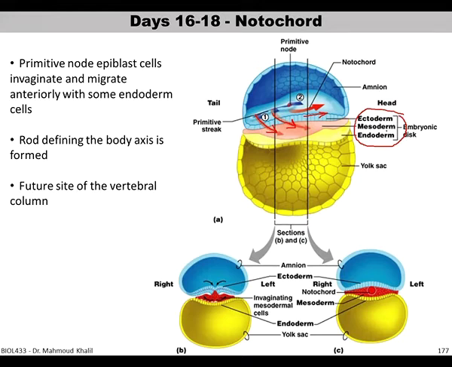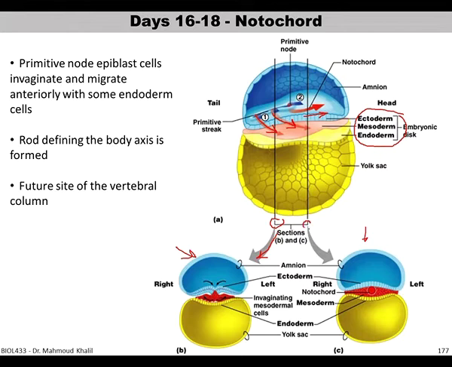At the primitive node, epiblast cells invaginate and migrate anteriorly with some endodermal cells. This rod defining the body axis is formed, which is the future site of the vertebral column. If you take a section at the level of the primitive streak, you can see how the folds appear and how mesodermal cells invaginate between the epiblast and the hypoblast.